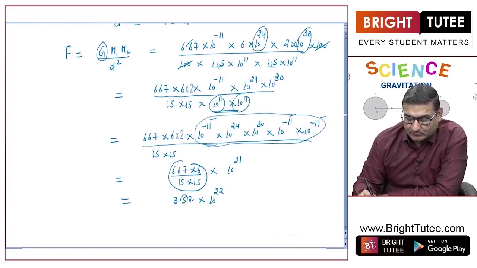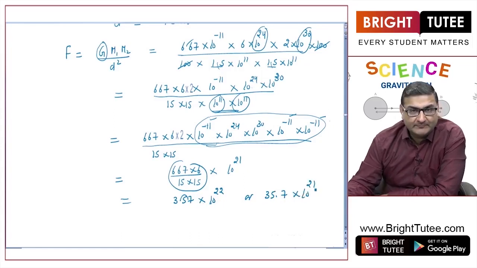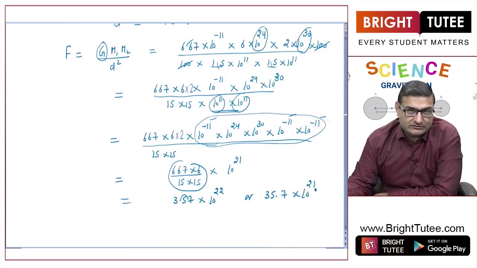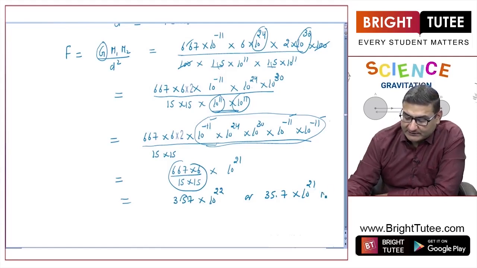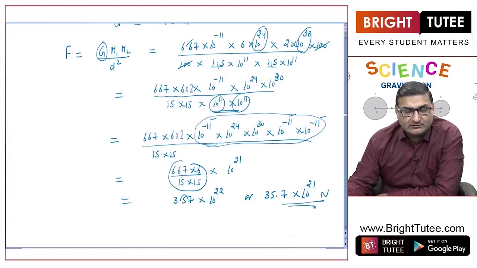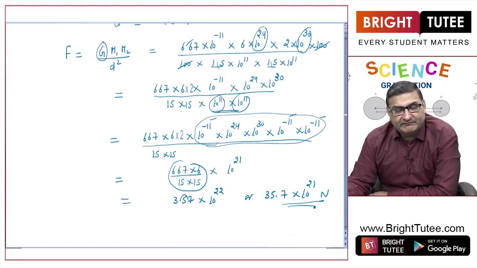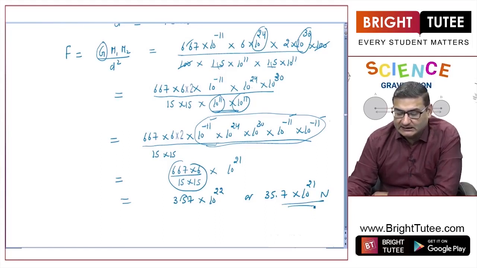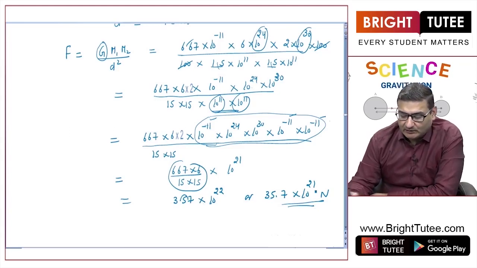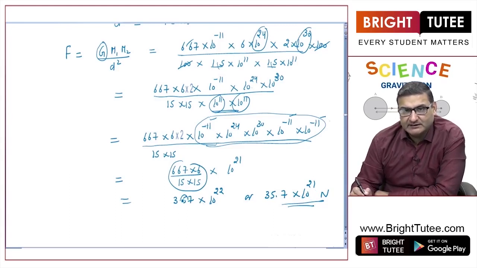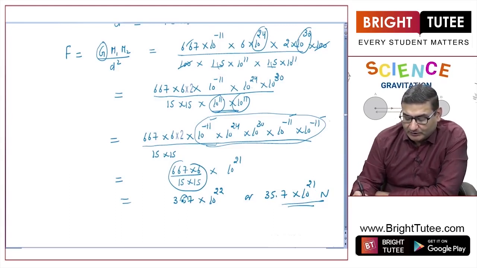I have just taken it to be 3.57 into 10 to the power 22, or you can take it to be 35.7 into 10 to the power 21. Now, this is the force that we are calculating. The SI unit of force is Newton. Therefore, the value of the force of attraction between the earth and the sun is 35.7 into 10 to the power 21 Newton, or 3.57 into 10 to the power 22 Newton.